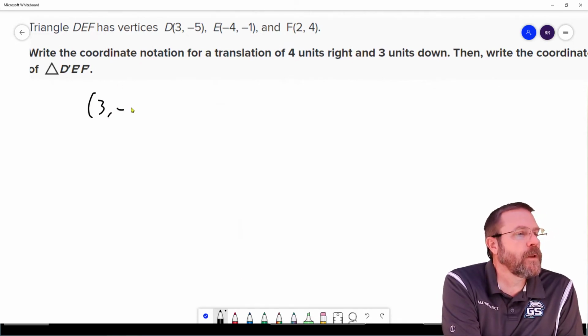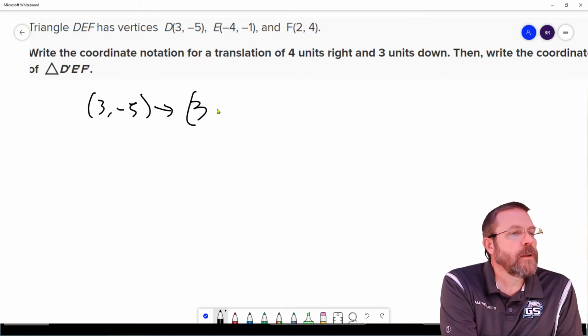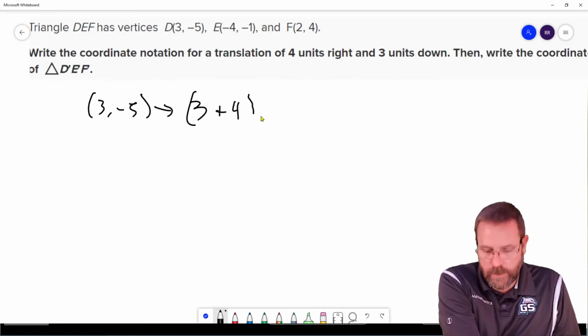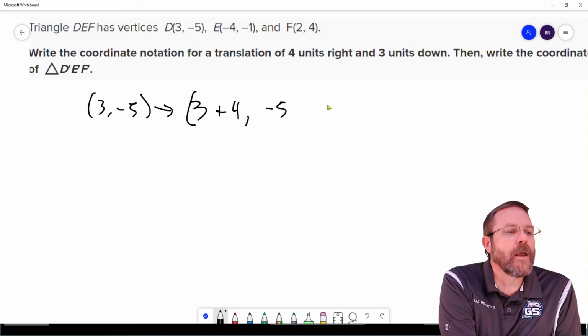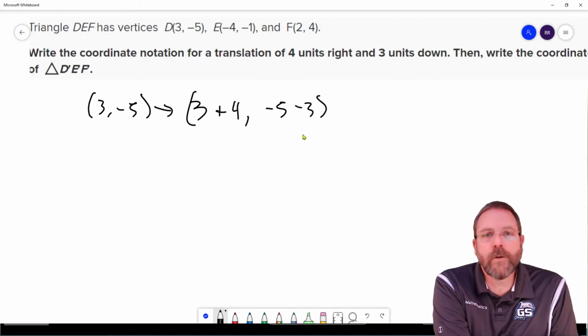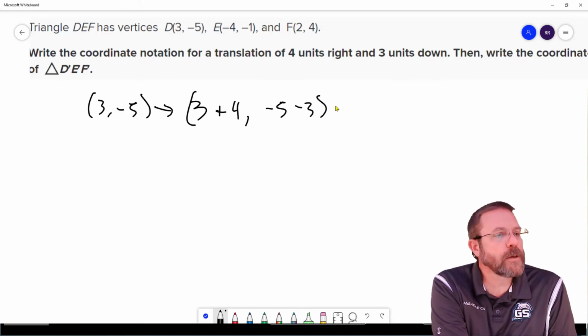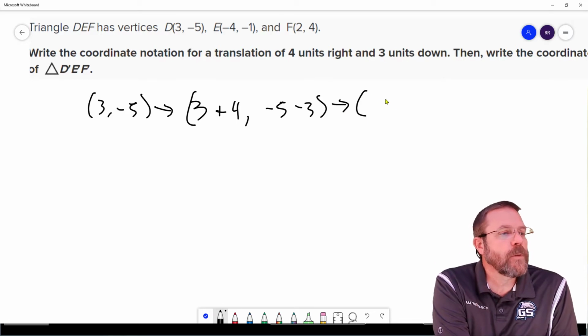So I have 3 comma negative 5, which is going to go to 3 plus 4 for our x coordinate, comma, and negative 5 minus 3 for our y coordinate, just like we did in our practice there earlier.